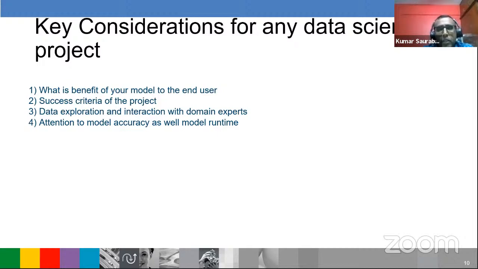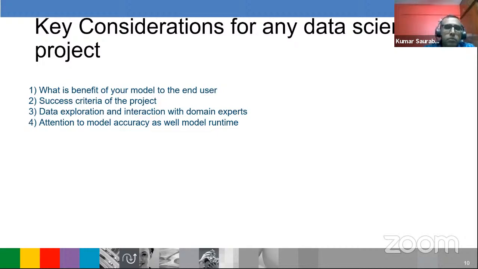After talking to them, that gave us a lot of ideas about what models we wanted to try and what features we wanted to add into the model to increase the accuracy. So this is also important: asking the right questions and interacting with the domain experts, right?